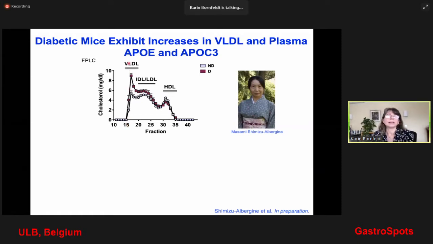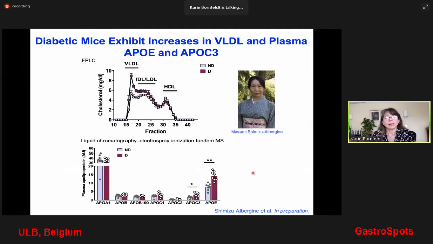And you can see that VLDL comes out first, and that diabetic animals have higher VLDL cholesterol than the non-diabetic controls. They also have higher levels of IDL, intermediate density lipoprotein, which is a type of RLP, whereas there are no major changes in LDL and HDL in the diabetic animals.